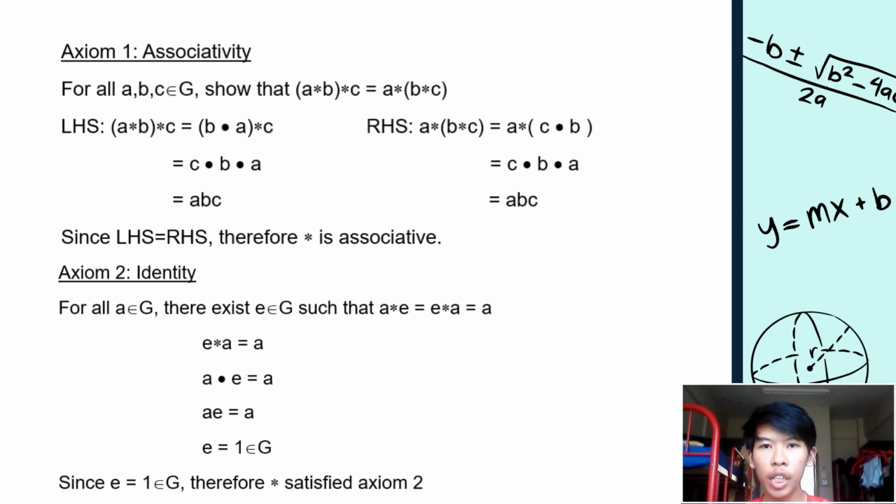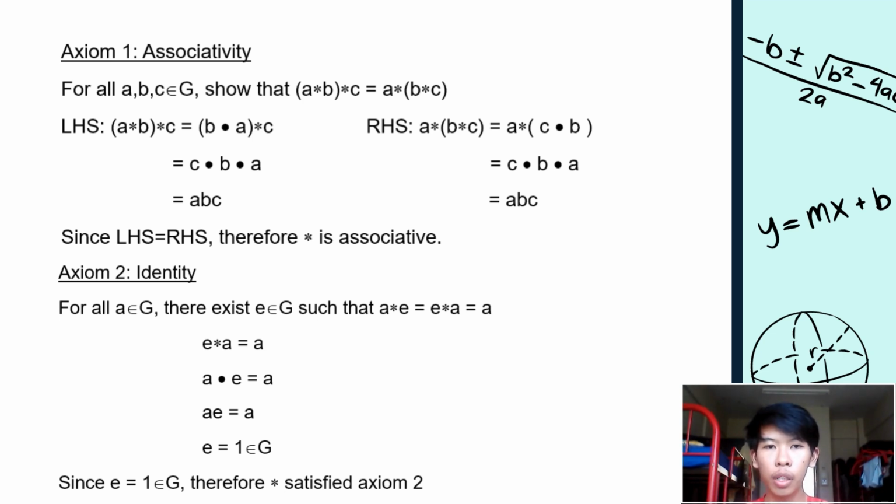First thing first, we check the associativity of the binary operation. For all A, B, C element G, show that (A * B) * C equals to A * (B * C). We look at the left hand side first. (A * B) * C is equal to (B · A) * C, which is equal to C · B · A. Since dot is multiplication, we rearrange it and become ABC.